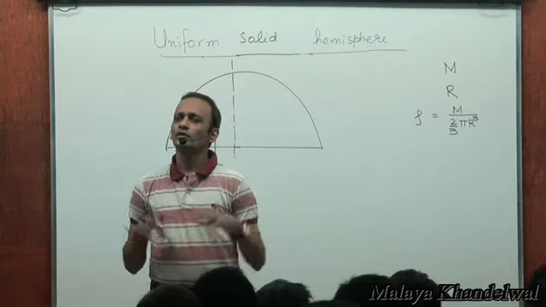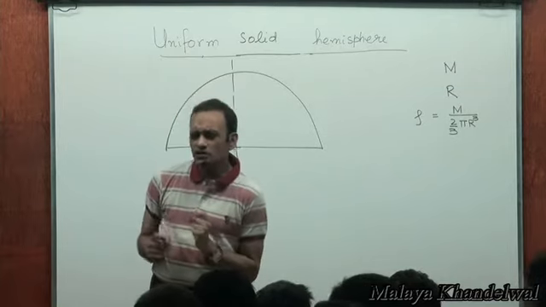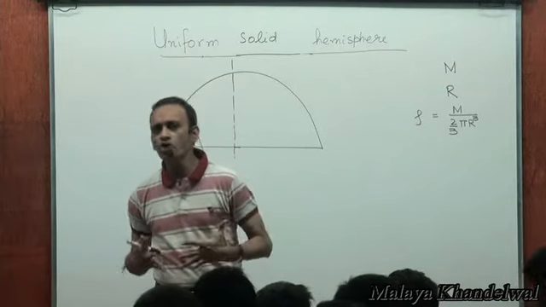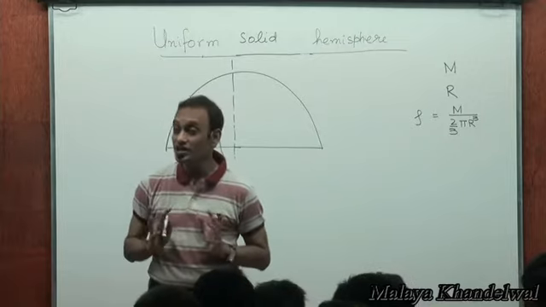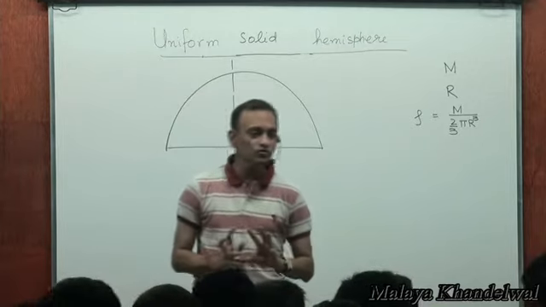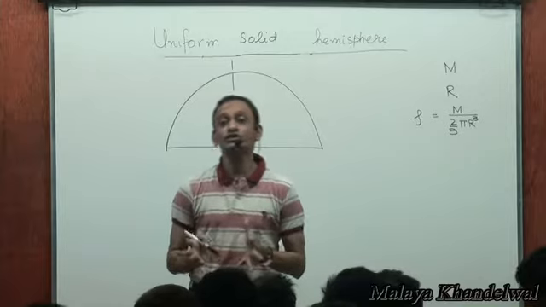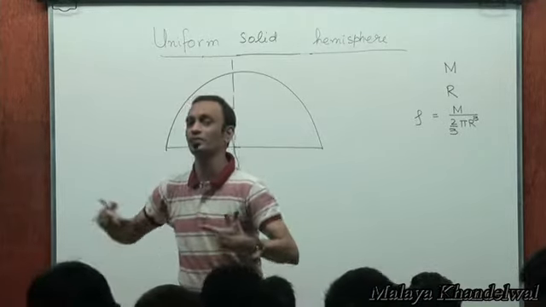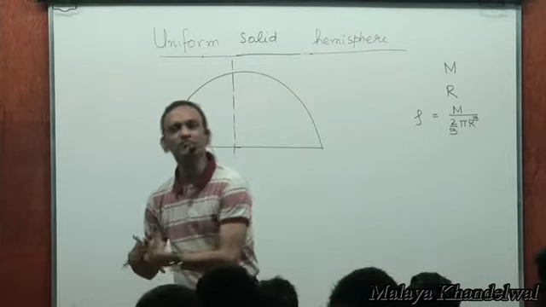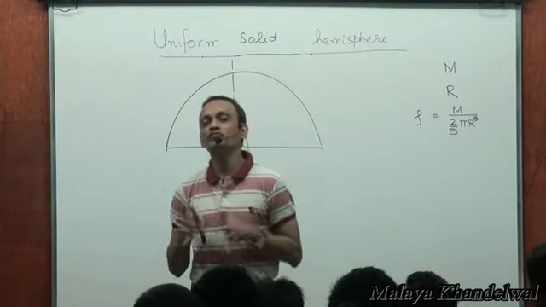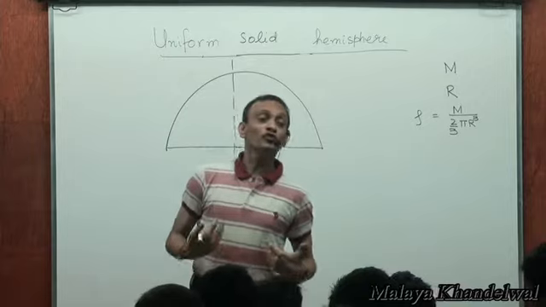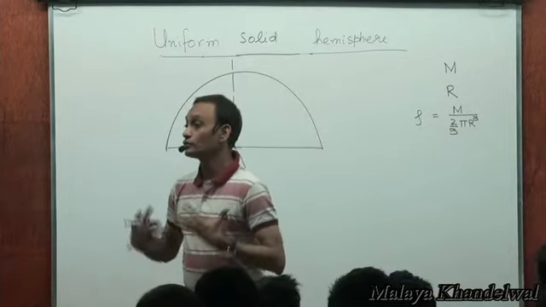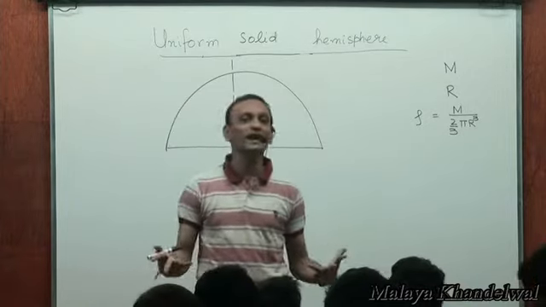Now, this time my modus operandi for this selection will be a little different. It sometimes becomes critical to select your mass elements dm suitably. With a little bit of exposure and effort, you'll realize for different geometries and situations what would be an ideal choice of mass element, what would make life easy for you.